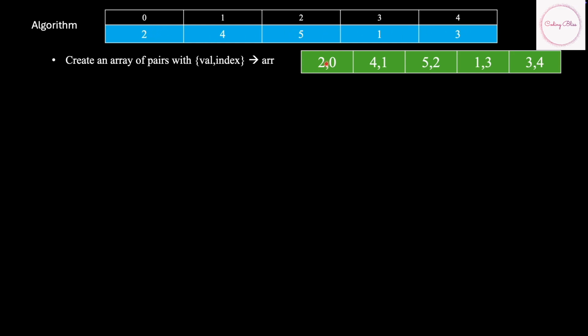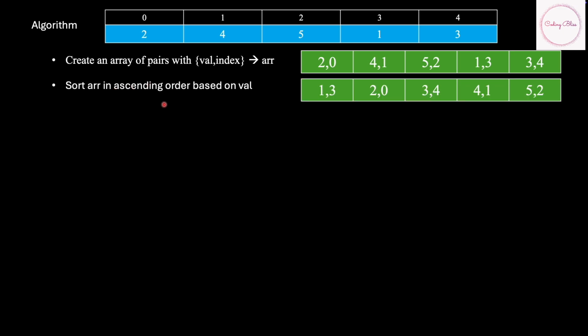So now this will end up being 2 0, 4 1, 5 2, 1 3 and 3 4. Now let's sort this array in ascending order, because if you sort this in ascending order, these values will go to their appropriate positions.